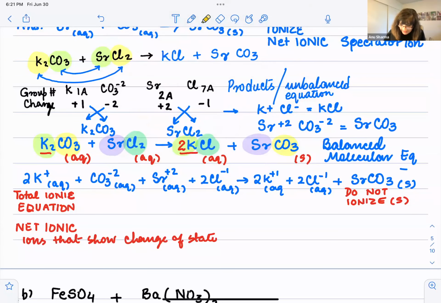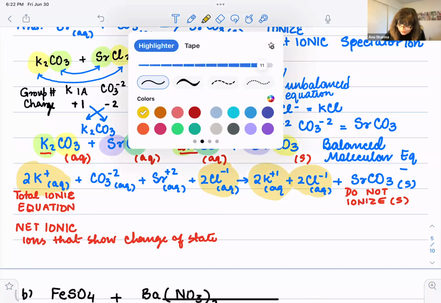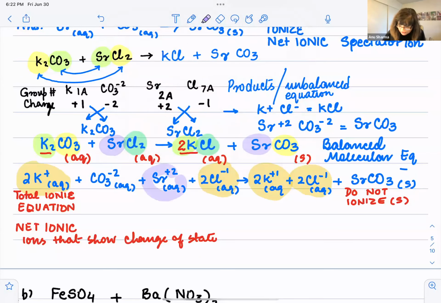Potassium is aqueous on one side and also aqueous on the product side. The 2 chlorides are aqueous on both sides. So which ones show the change of state? The strontium going from aqueous to solid, and the carbonate going from aqueous to solid.